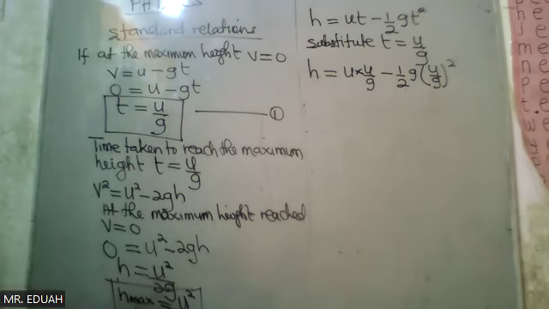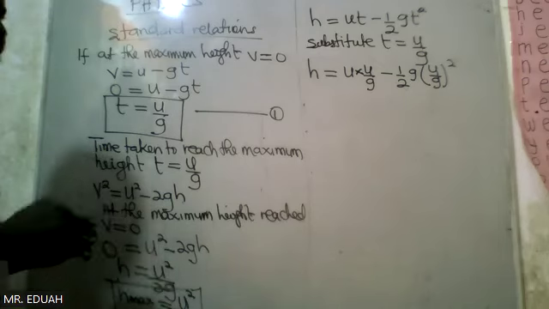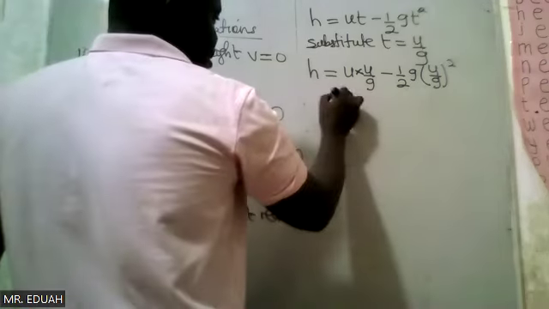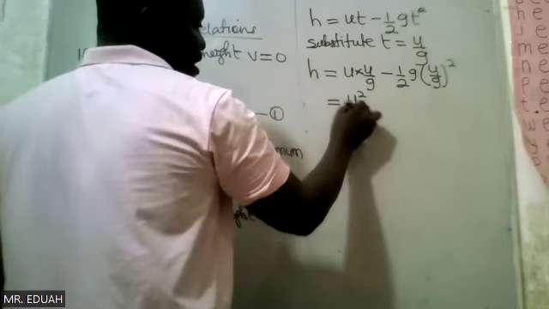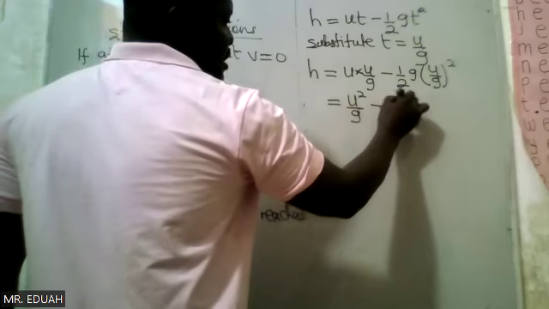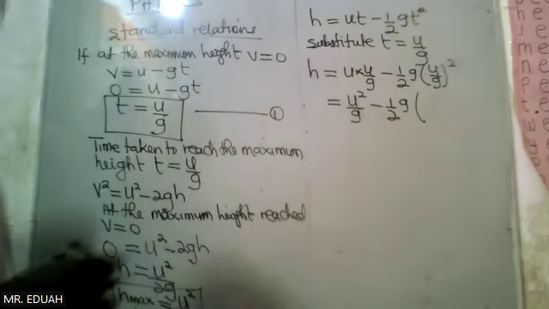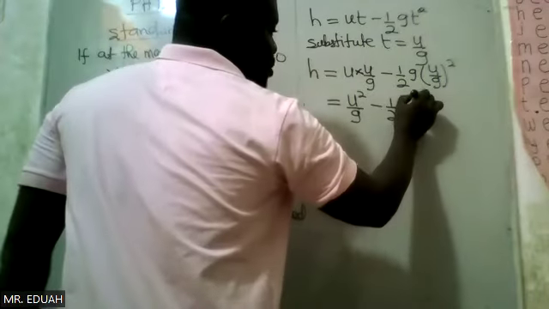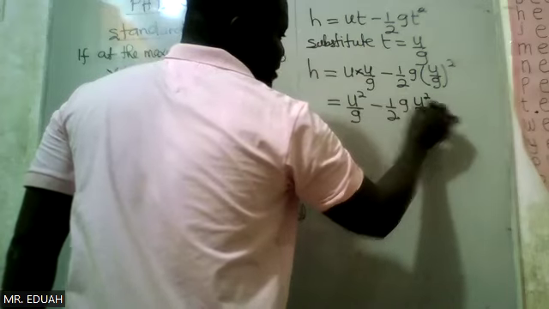What am I doing? I'm substituting the formula for the time taken to reach the maximum height. Let's simplify. This is U squared over G minus half G. I simplify what I have within the brackets, and that is U squared over G squared.